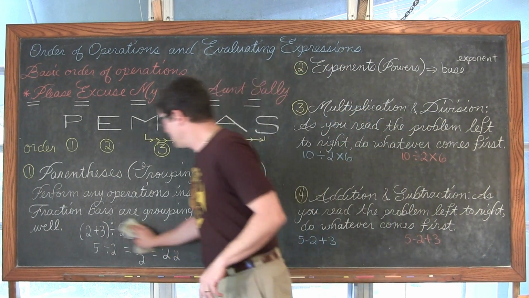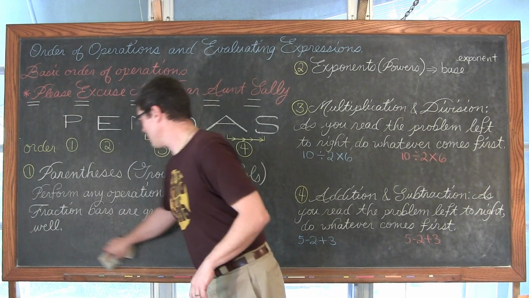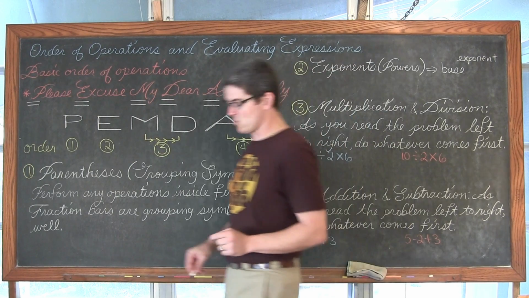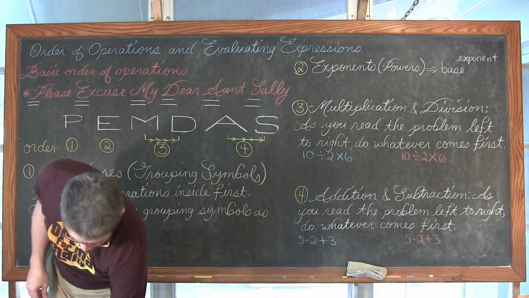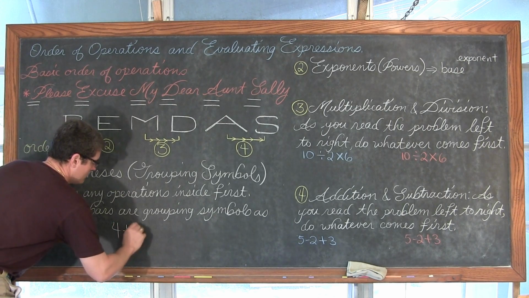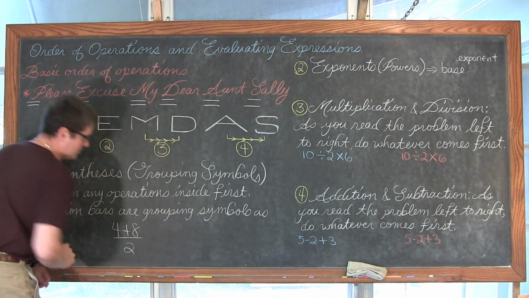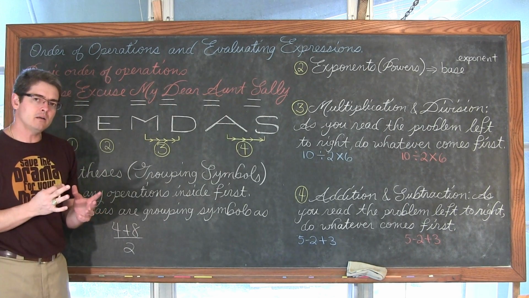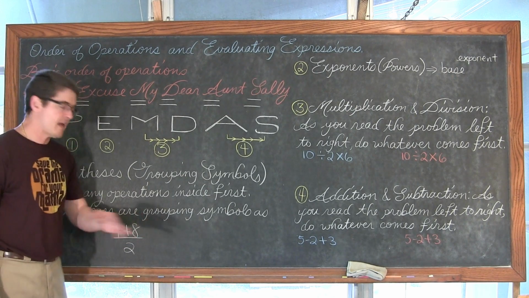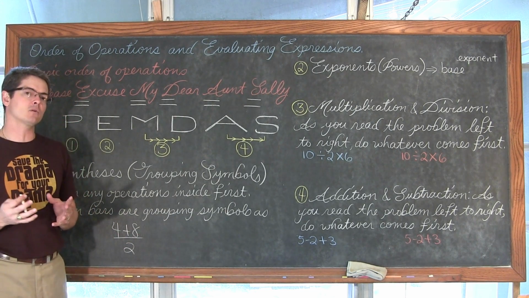Now, if I remind you that fraction bars are grouping symbols as well, if we have the example of 4 plus 8 divided by 2, maybe you would say, okay, well 4 divided by 2 is equal to 2, and then that plus 8 is equal to 10, or something like that, which would be incorrect.